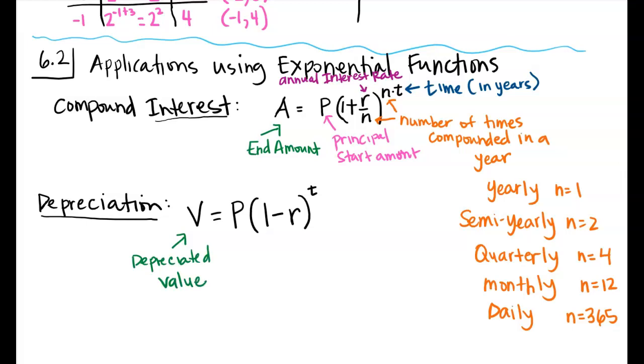P is still our principal, the amount that it starts off with, so we'll call it the original value. Like what you bought your car for would be the original value. After a certain amount of time, you would have the depreciated value. R again is the interest rate. And then T is again our time in years.